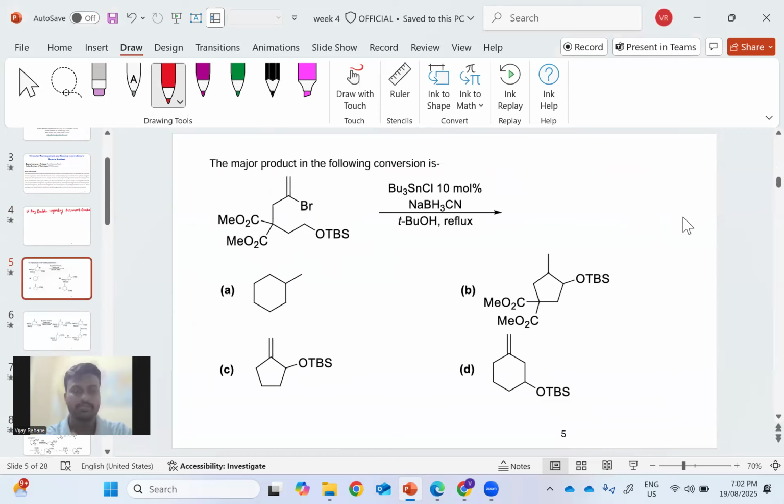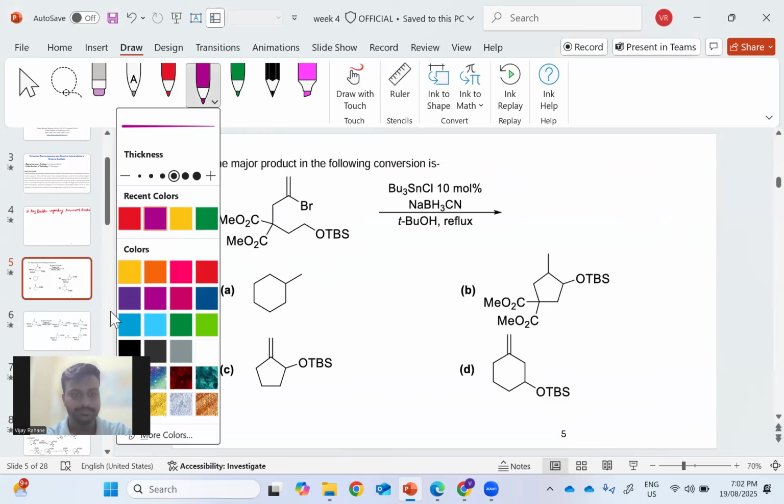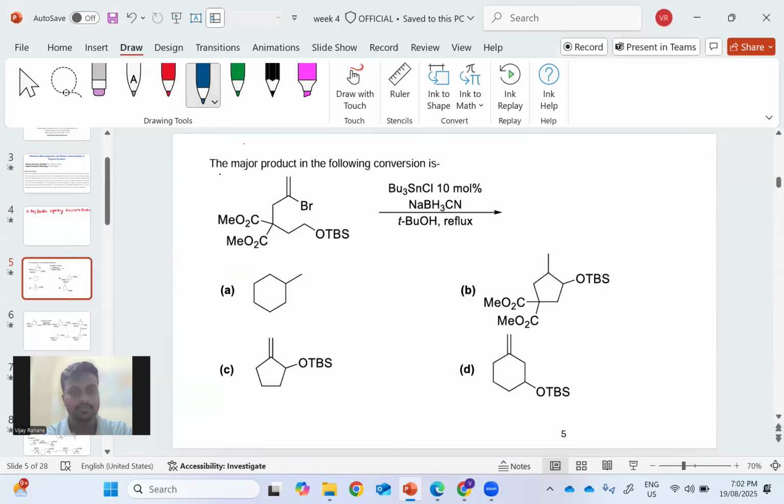So here is the first question, which is based on a radical type of rearrangement reaction. Here you have the starting material. You can see two C double bond O, OMe, that's the ester group, right?